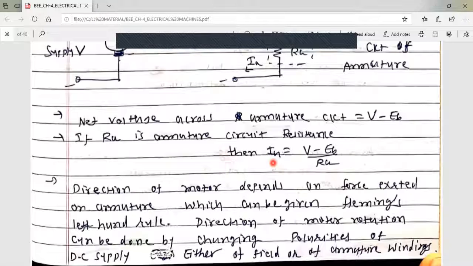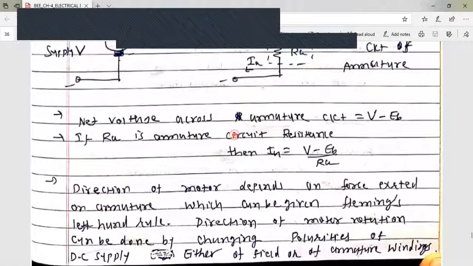Principle of operation we have discussed, but you have to keep in mind the important parts of construction of DC machines like field winding, armature winding, poles, armature conductors, commutator and brushes. And at last we have discussed the separately excited DC motor. So this is all about DC machines. Thank you.